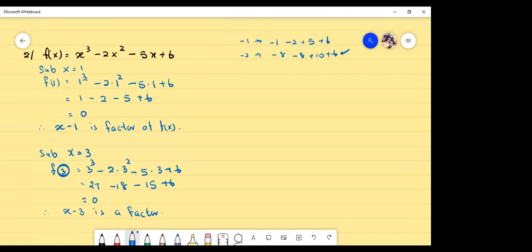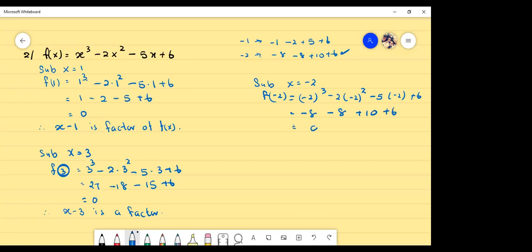Then we substitute x equal minus 2. f(minus 2) equals minus 2 cubed minus 2 times minus 2 squared minus 5 times minus 2 plus 6, minus 8 plus 10 plus 6. Okay, it's 0. Therefore, x plus 2 is a factor.